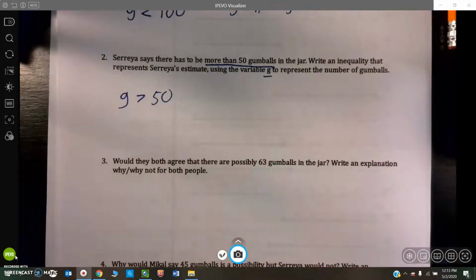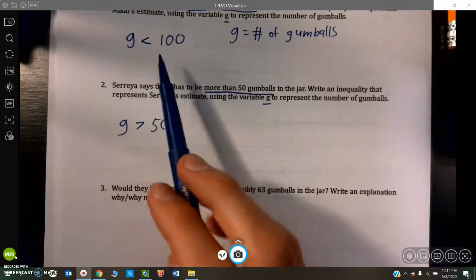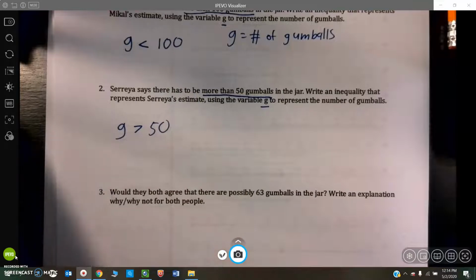Would they both agree that there are possibly 63 gumballs in the jar? Write an explanation why or why not for both people. So let's think about Mikhail. Mikhail said that there's less than 100 gumballs. Is 63 less than 100? Yeah.